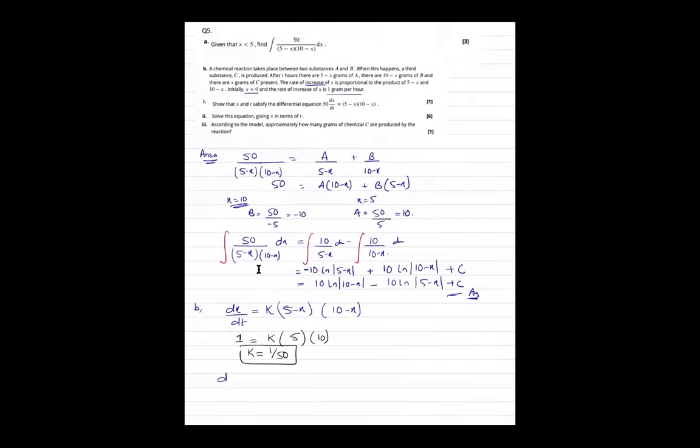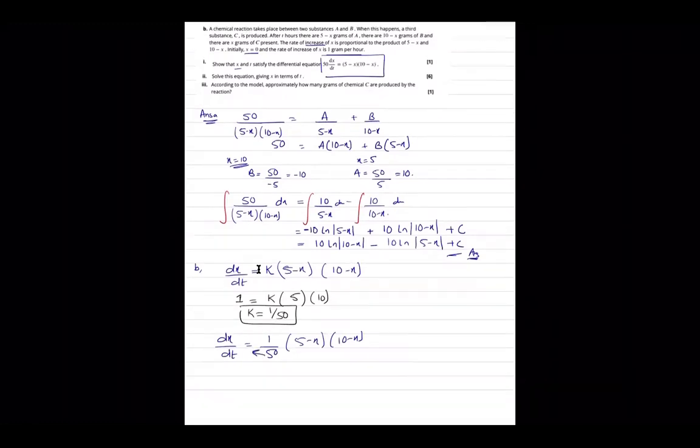So my differential equation is going to be dx by dt equals 1 upon 50 times 5 minus x times 10 minus x. The first part says show that x and t satisfy the differential equation 50 dx over dt times this. So all I need to do is take 50 on the other side.